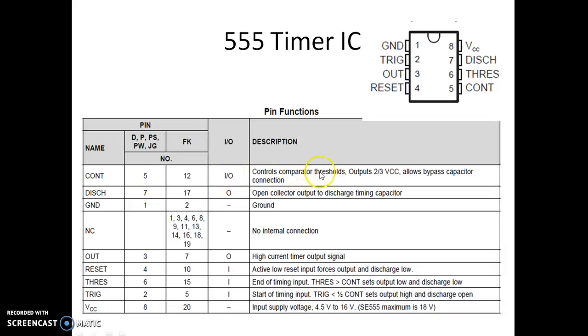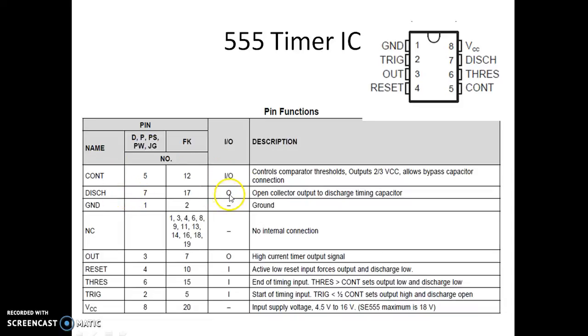It controls the comparator thresholds. Its output is 2/3 VCC. So voltage at pin number 5 is 2/3 of VCC. You can actually change this voltage also. So it is in as well as out, meaning you can give the input to this, or you can read the output from this control voltage.